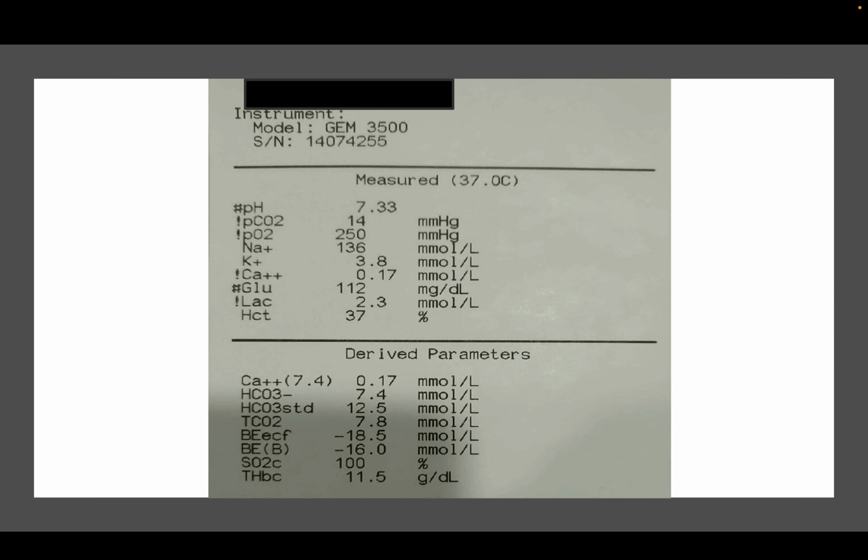We have almost gotten there at 7.33, just a little bit of time to go. I bet give it like 30 minutes and redraw an ABG, and this pH will be back into the normal range. But this patient has a metabolic acidosis, and they have a respiratory compensation. They are blowing off carbon dioxide to try to pull that pH back into the normal range.